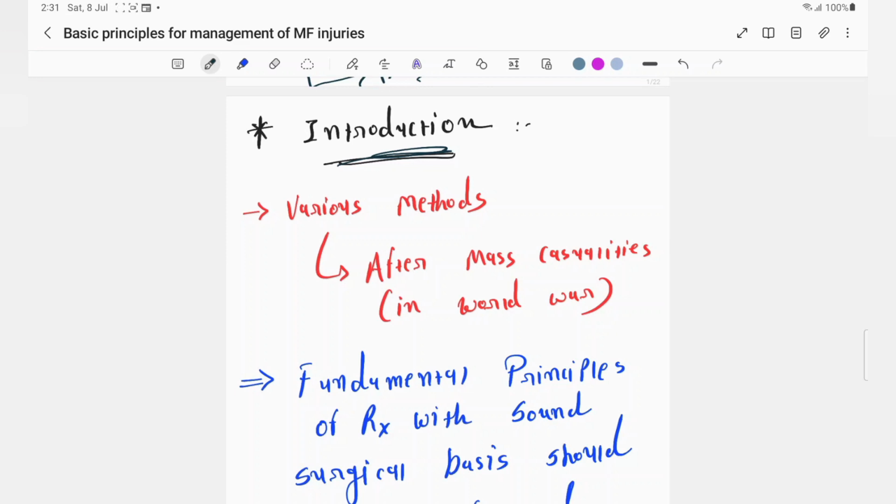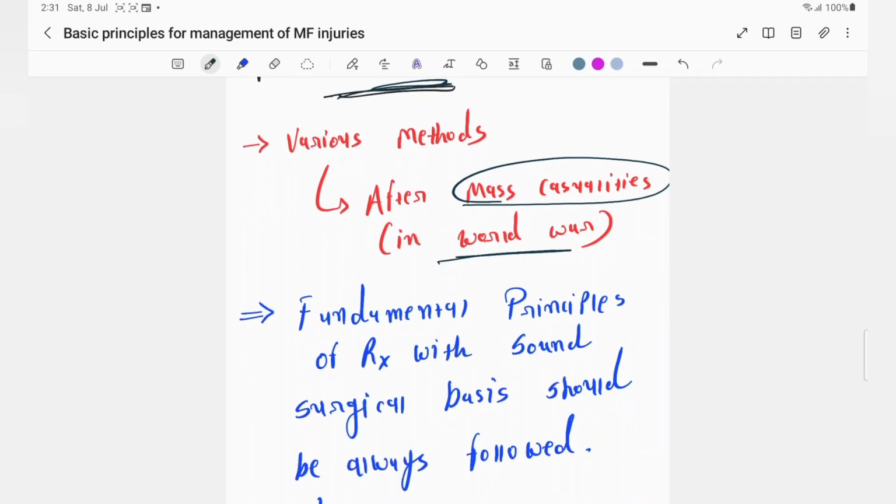However, during World War situations, mass casualties came to clinics and hospitals. At that time they realized that there should be protocols, methods or principles to follow. That's when these basic principles came into oral surgery as well as any other surgical department, because it is a very common approach that can be followed in any surgical procedure.